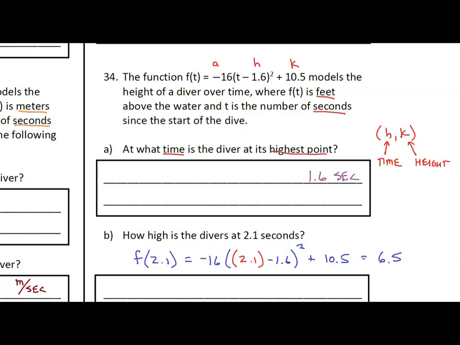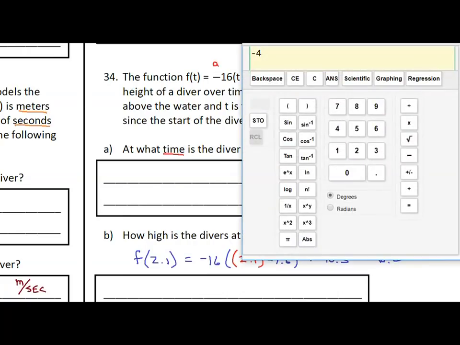Let's check that out real quick. So I'm going to put in -16 times, and now I'm going to put a second parenthesis, 2.1, close that parenthesis, minus 1.6, close that parenthesis, squared, plus 10.5 equals 6.5.